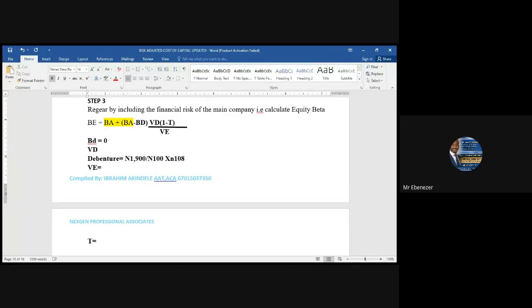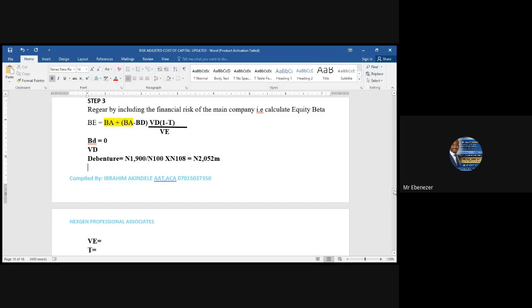We've done this before. Please check your notes. So what is the market value? 2,052 million. Okay. We have other debt there.